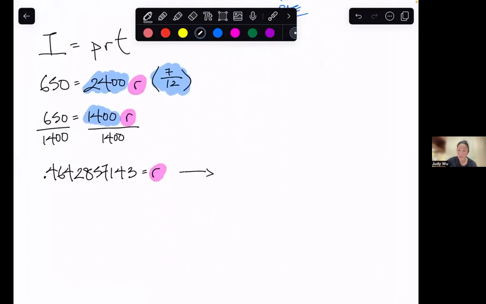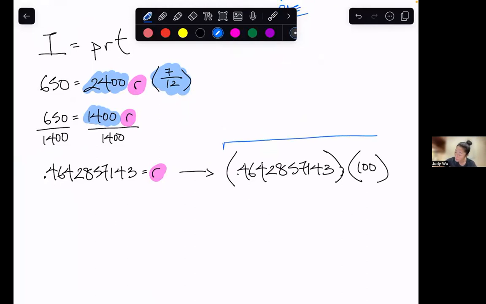So let's go back down to our rate. This is our decimal, and let's think about how we turn decimals into percents. We take that decimal, 0.46428571143, and multiply it by 100. That'll give us the percent.